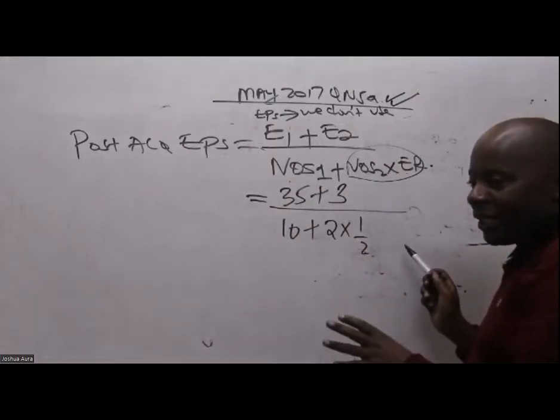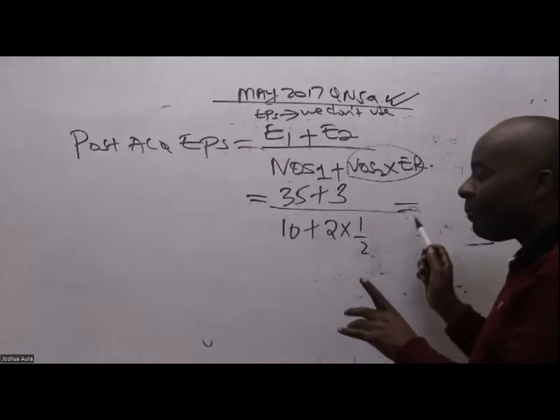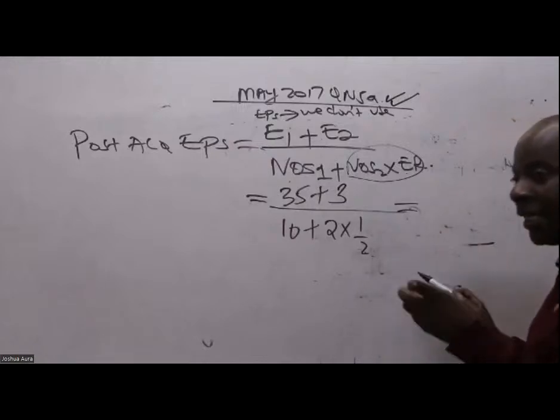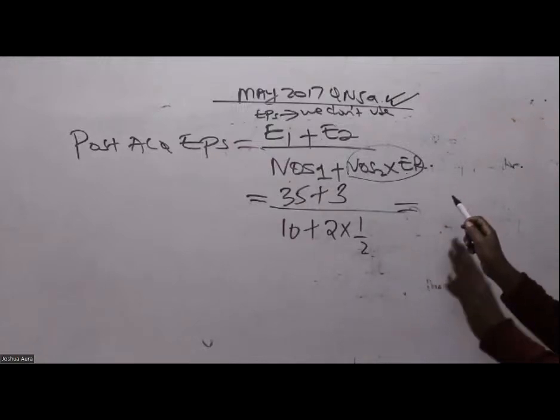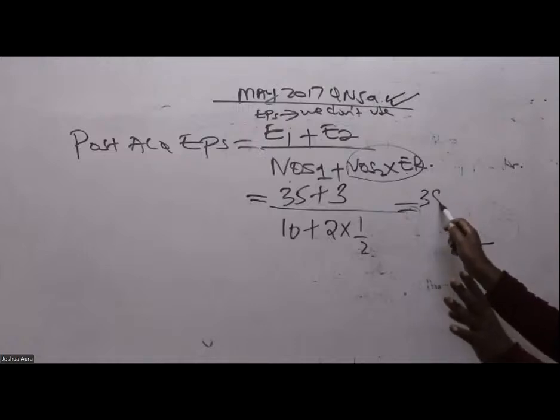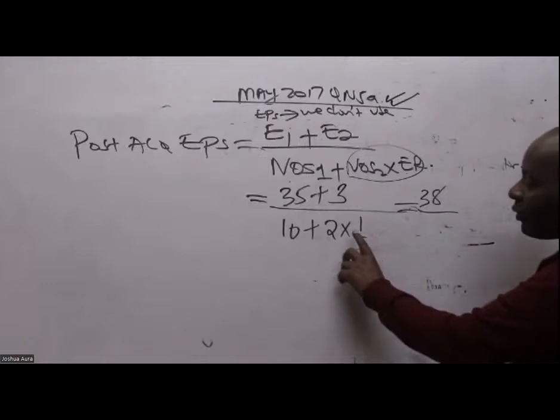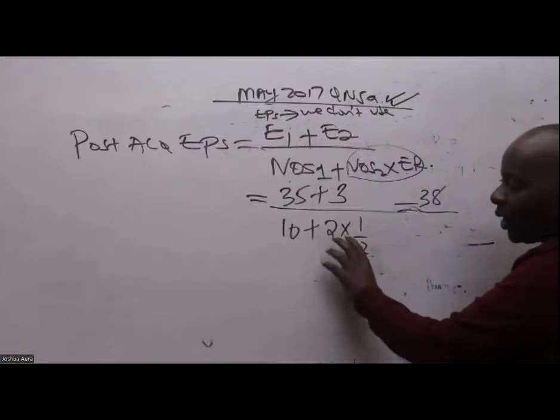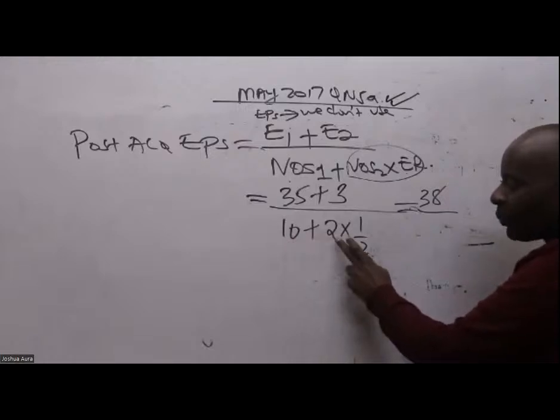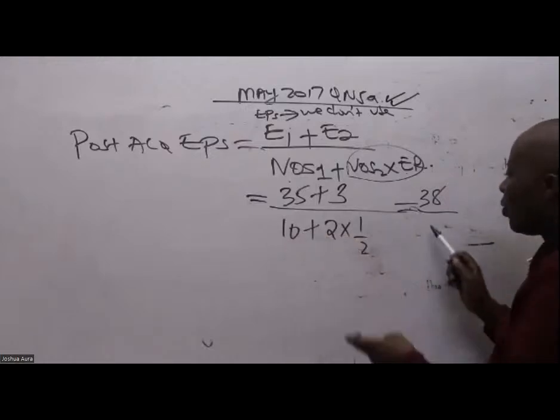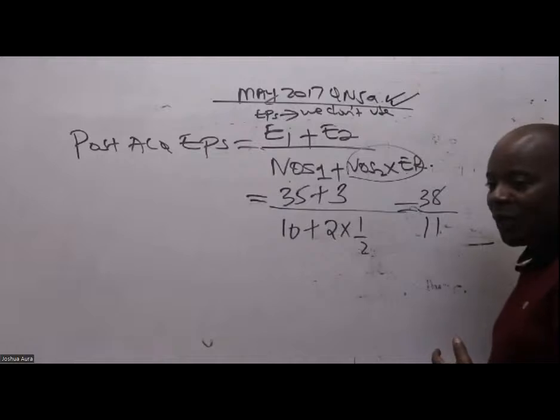So first I'm supposed to multiply: 2 times a half is 1. So 10 plus 1 is 11.